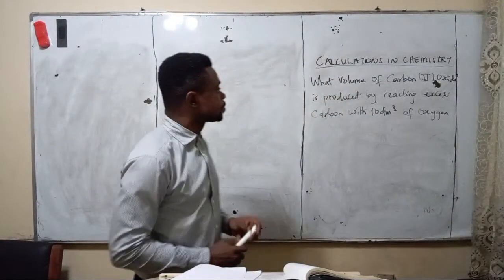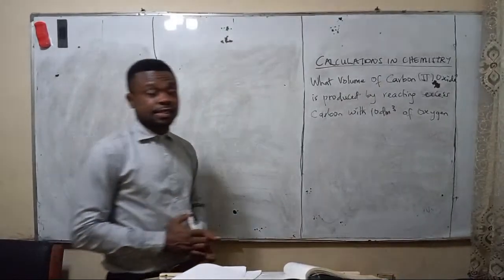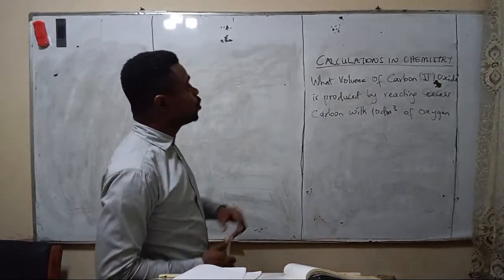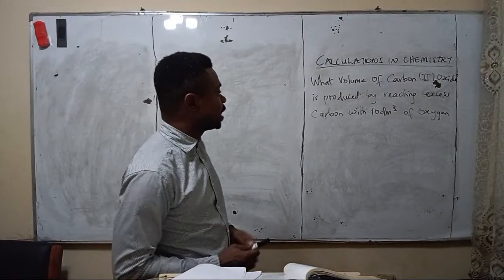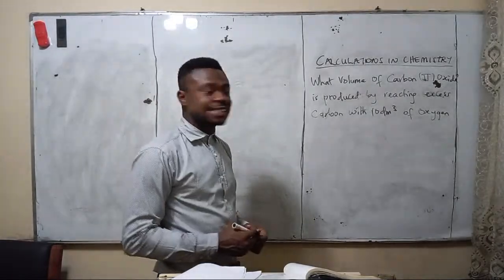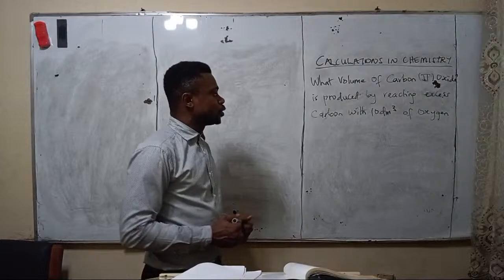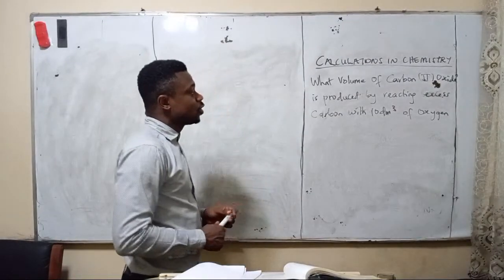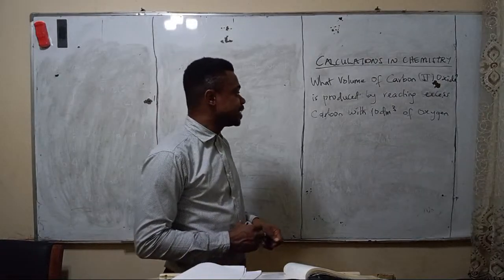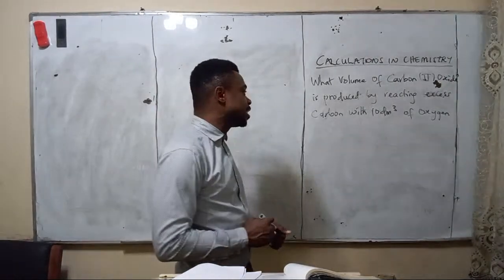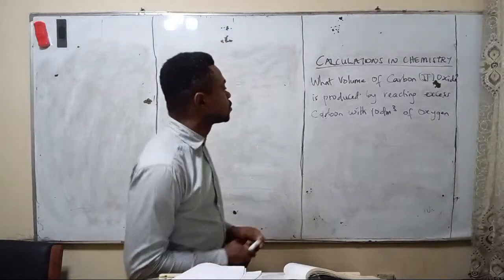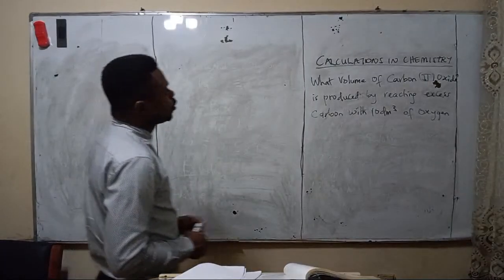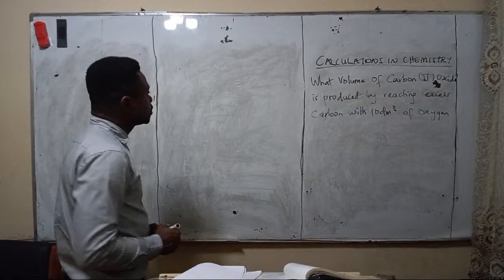The question says, what volume of carbon 2 oxide is produced by reacting excess carbon with 10 dm cube of oxygen? Okay, so, solution.